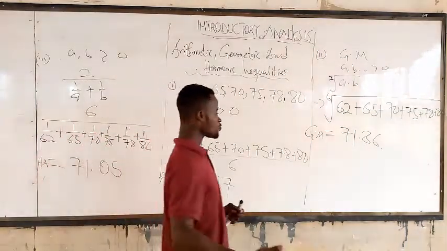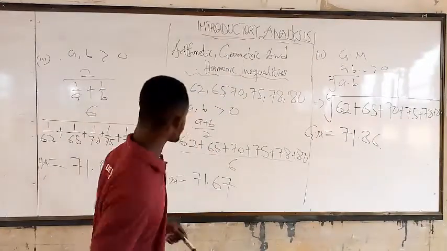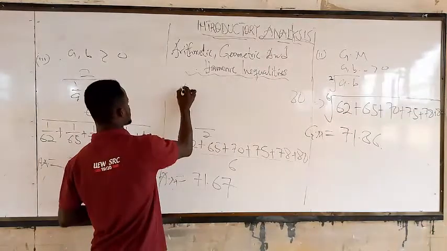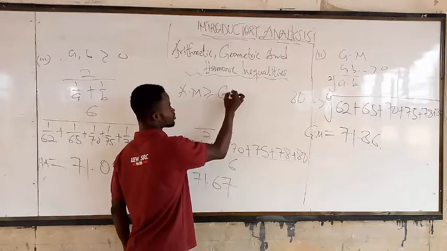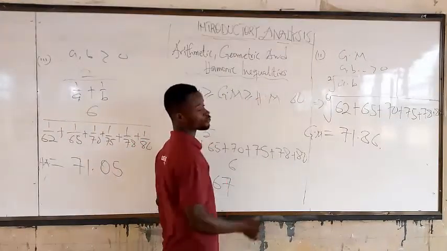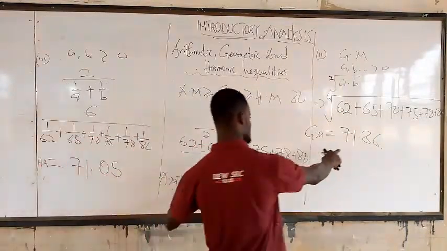And we have already established that the arithmetic mean is greater than or equal to the geometric mean, and the geometric mean is greater than or equal to the harmonic mean. Beautiful. Therefore, let's see. Is this greater than this?